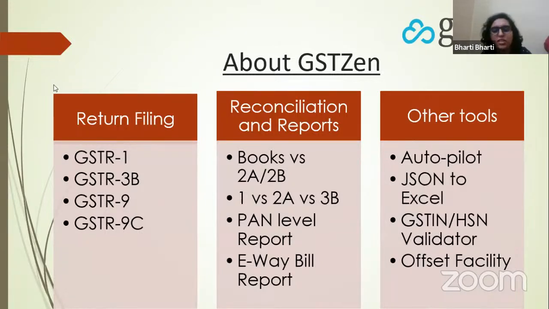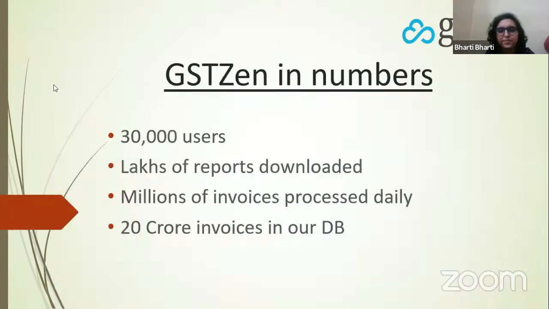Plus we provide various reconciliation reports, like comparison of books with GSTR 2A or 2B, comparison of sales with GSTR 1, PAN level reports, and e-way bill report. We have some free tools available to users like GSTN and HSN validator, and offset facility. We also provide JSON to Excel and a tool called Autopilot, wherein you can perform a single function for multiple GST numbers at a time.